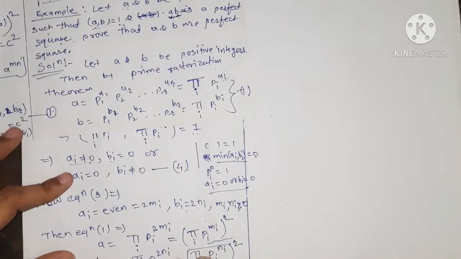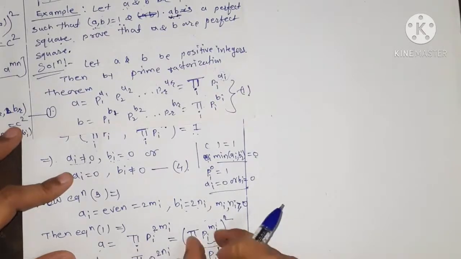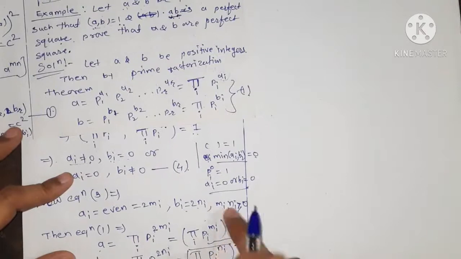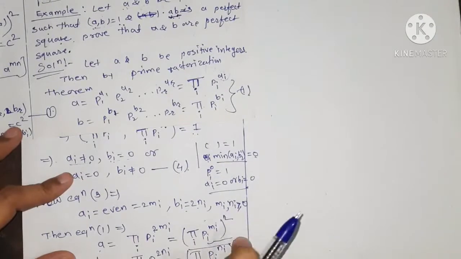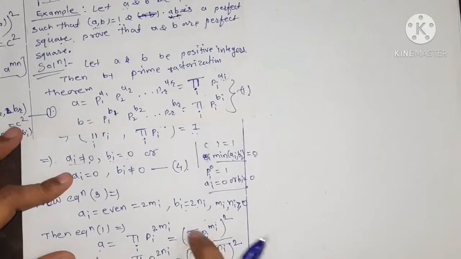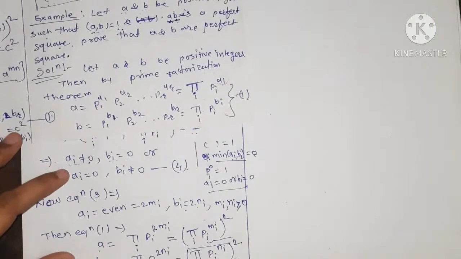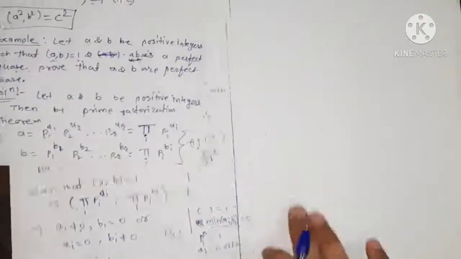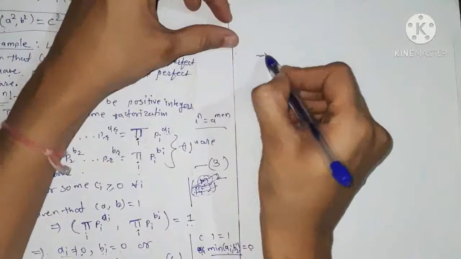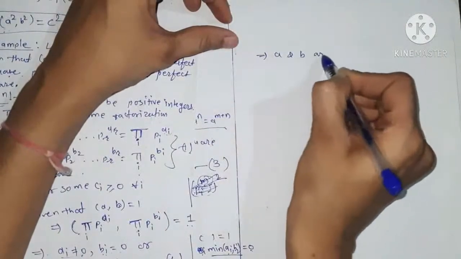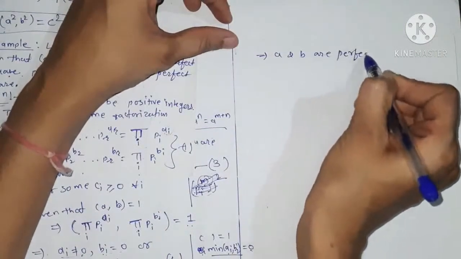So a is written as some integer to the power 2, b is written as some integer to the power 2. What this implies is that a is a perfect square, b is a perfect square. That is, we can take the square root of that, and the square root gives us some integer, and therefore a and b are perfect squares.